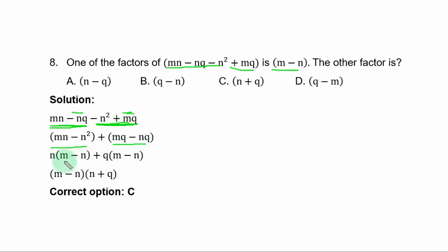From the first group, you factor out N, you have this result. From the second group, factor out Q, you have this result. Clearly, m minus n is common as one factor, you take it outside, you have n and plus q combined to form the other bracket, which is the second factor. By this, C is the correct option.